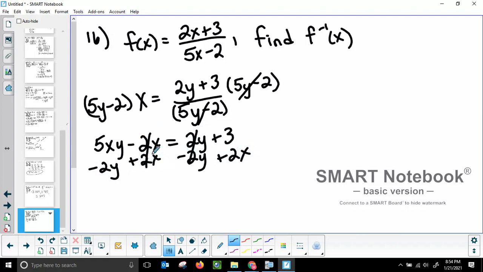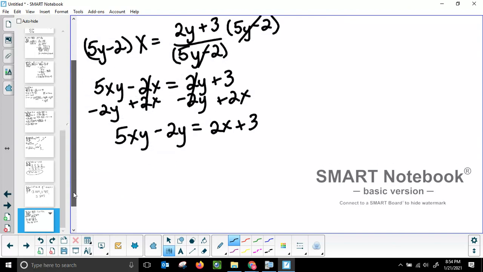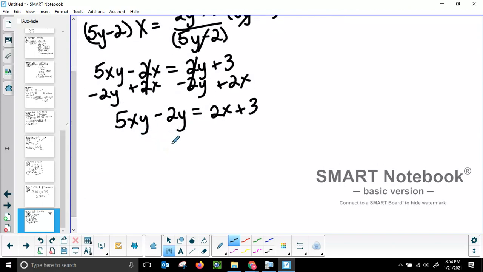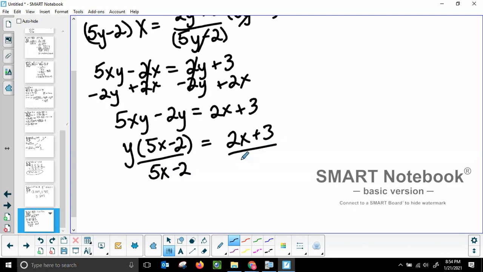That way these cancel and these cancel. We end up with 5xy minus 2y is equal to 2x plus 3. Then we factor out the y, and we're left with y times 5x minus 2 equals 2x plus 3. And I simply divide both sides by 5x minus 2.